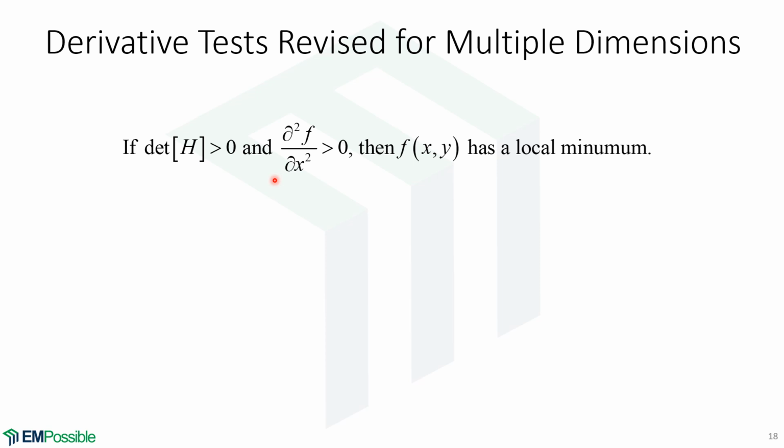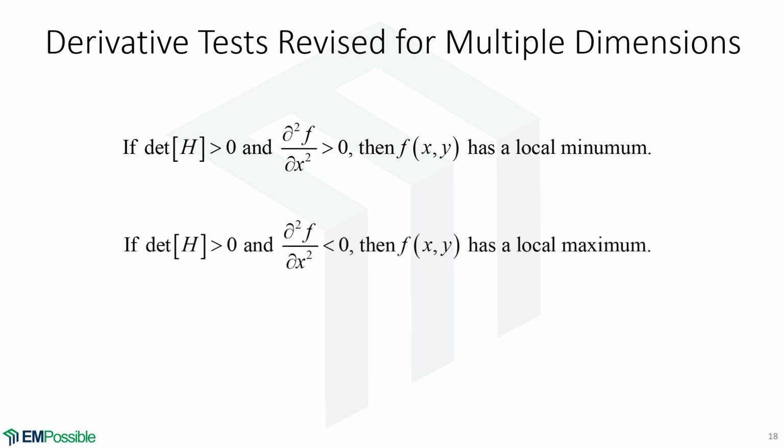If the second order derivative, in this case with respect to x, is greater than 0, then if both of these conditions are true, that tells us our function f of x has a local minimum. Very similarly, if the determinant of the Hessian is greater than 0 and the second order derivative is less than 0, then we know that our function has a local maximum.